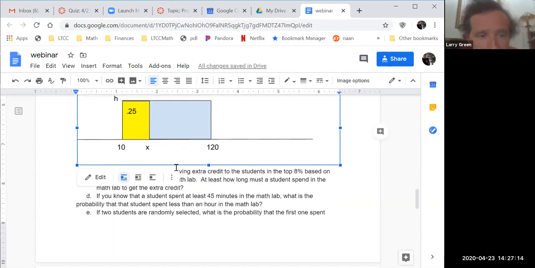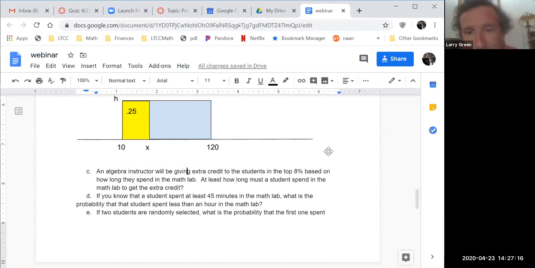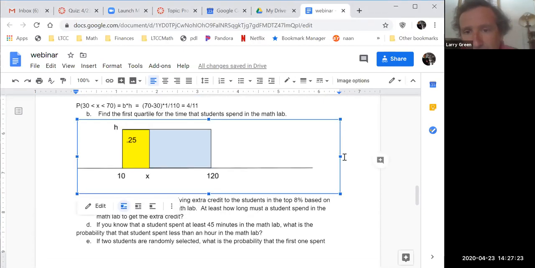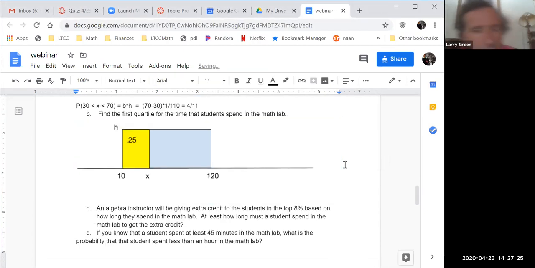Okay, now we're ready to answer the question, doing a little math. There's always a little math to do. So now what we know is our area is 0.25. There's our area. So I can write 0 to 0.25. It's a little easier to read that way. Well, area is the base times the height.